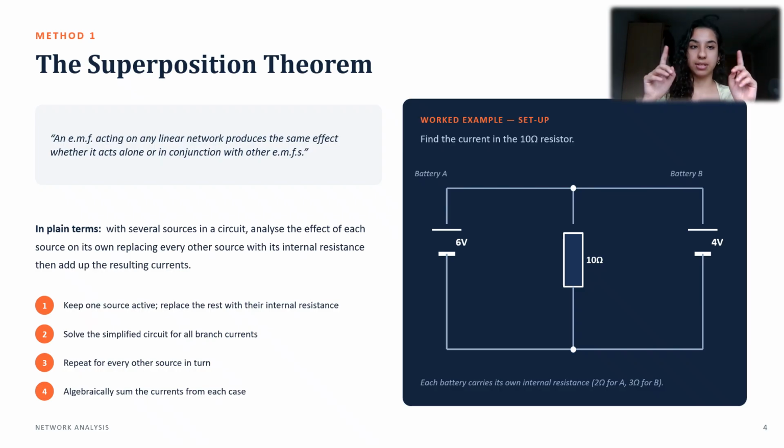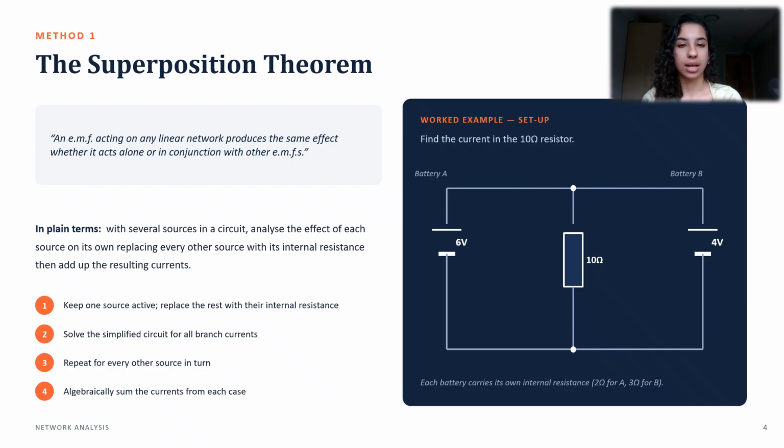But this is important. Remember from the previous video, we said batteries and cells have internal resistance. So we have to redraw the circuit and not just put the 6-volt battery.